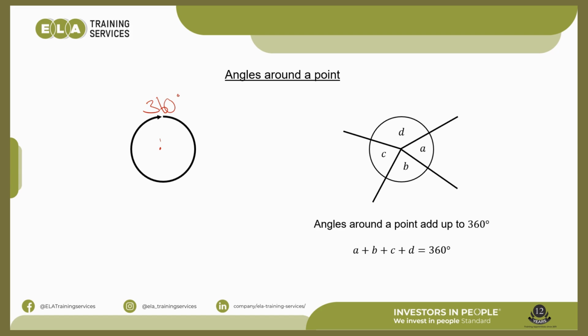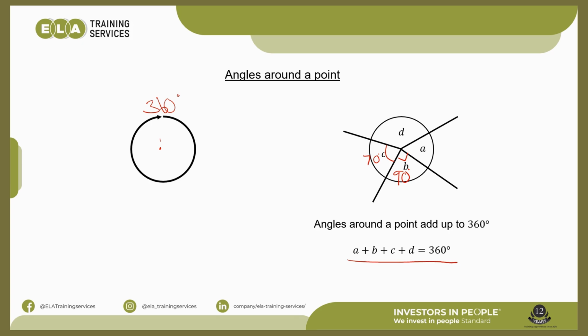And if we knew one of the angles, we would be able to work out the rest of the angle, because it must always add up to 360.